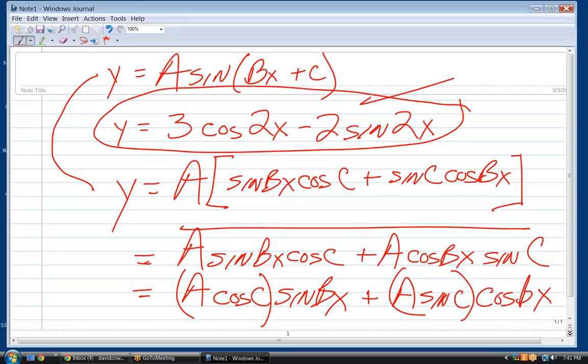I think I'm kind of getting where they're headed here. So b is going to be 2, and a cosine c must be 3, and a sine c must be 2.